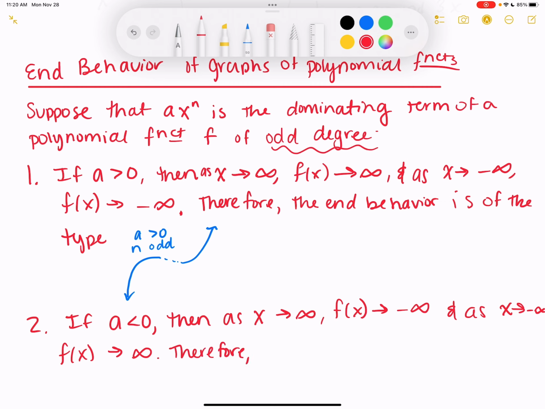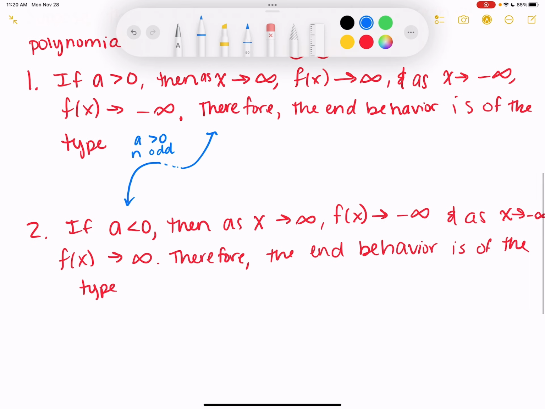Therefore, the end behavior is of the type, and so basically it's just a reverse of what we just drew. It's just a mirror image of it. I can't even draw it backwards. Good enough. For a less than 0, n being odd.